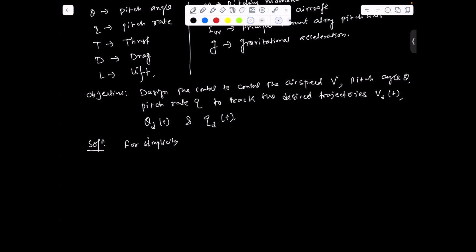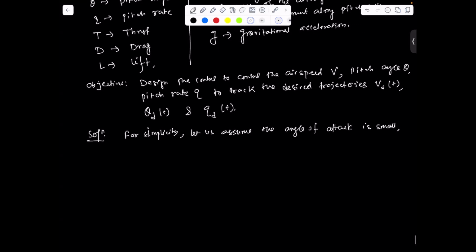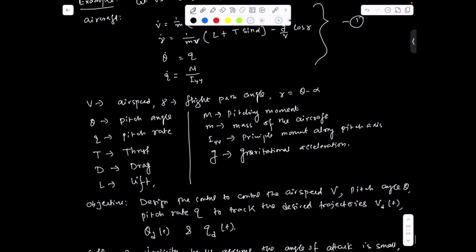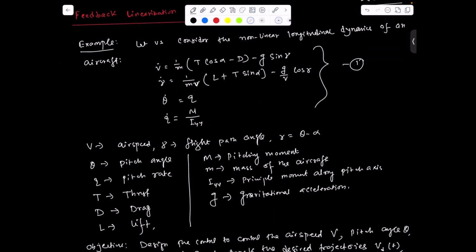For simplicity, let us assume the angle of attack is small, and for small angle of attack alpha, we can make some simplification for cos alpha and sin alpha.